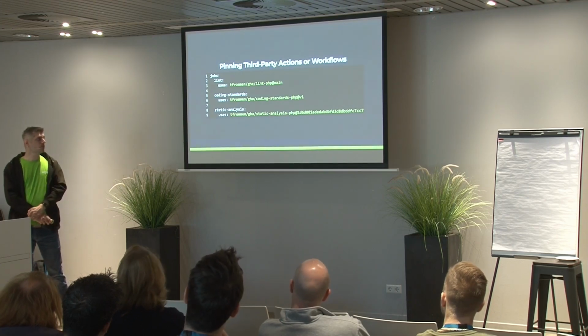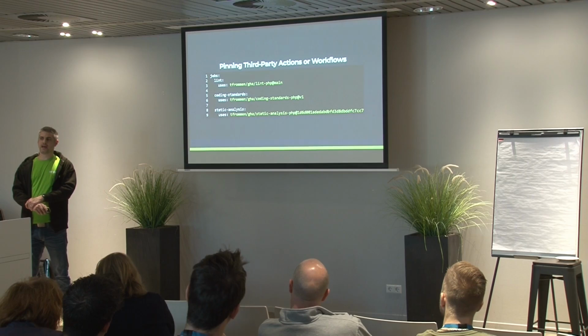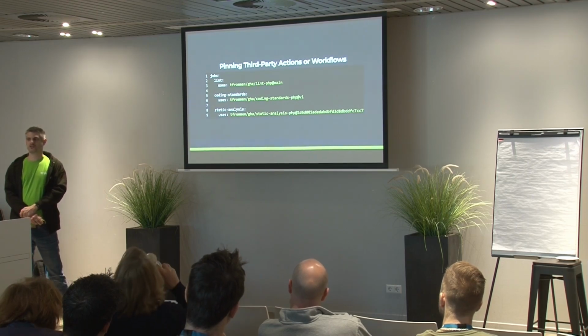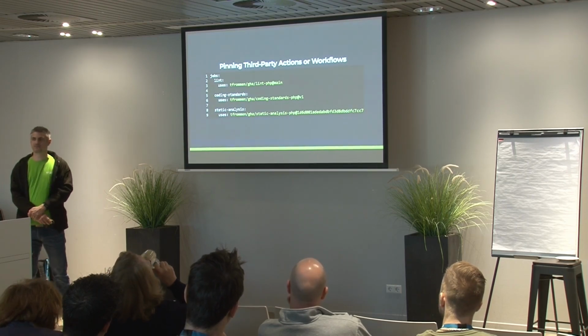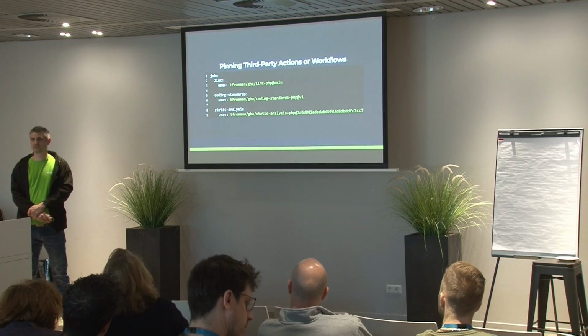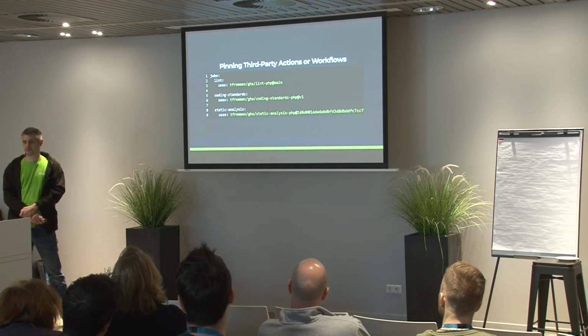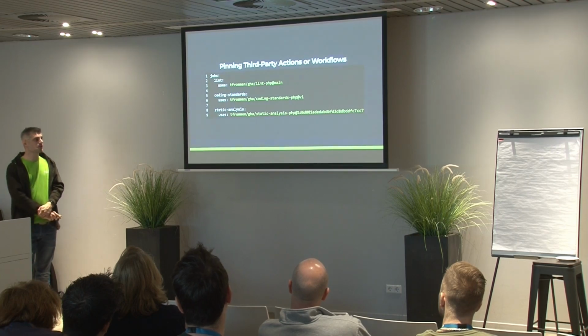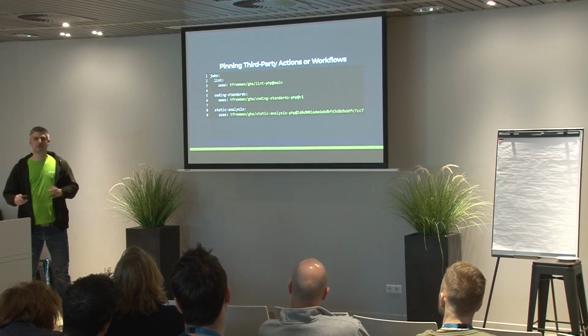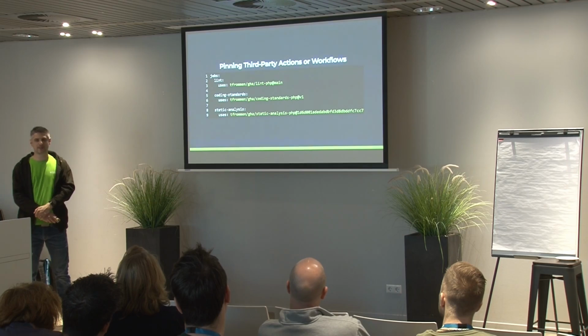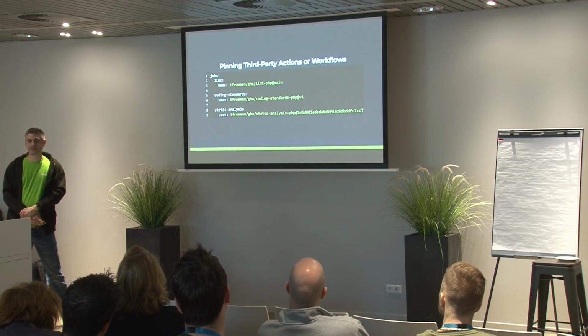The second one, V1, uses a tag, which could also be deleted and something else could be tagged again. So it is more secure, if you think, but could be tampered with. And the third one is actually a commit hash. So unless someone deletes the repository and brute forces their malicious code to end up with the exact same hash, which might take a while, you are pretty safe.